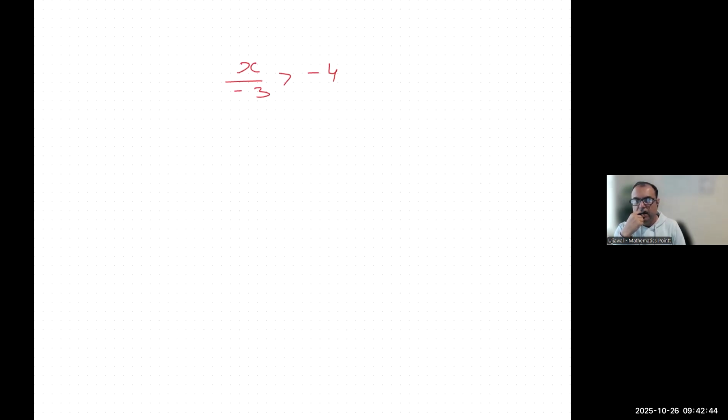Okay, hold your horses. Now answer the question that I'm going to ask. What number in this inequality do I need to get rid of?